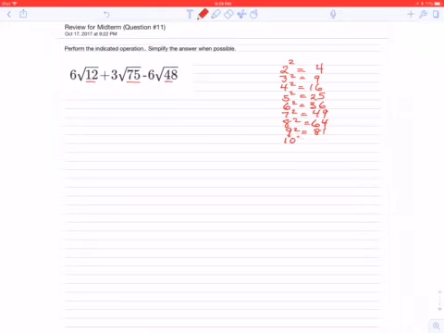And 10 squared equals 100. So these are perfect squares.